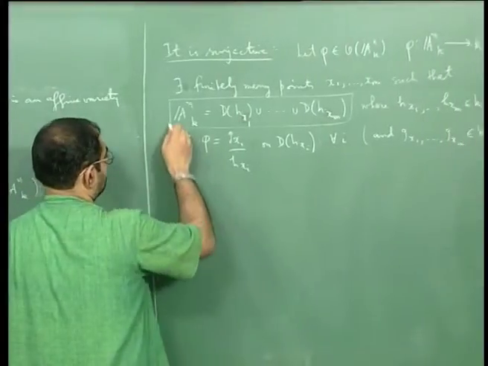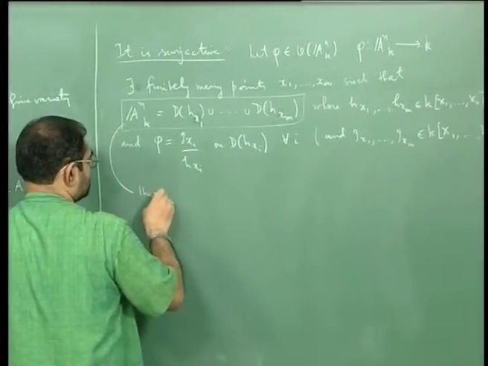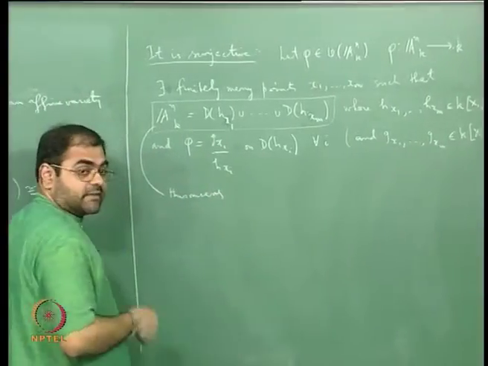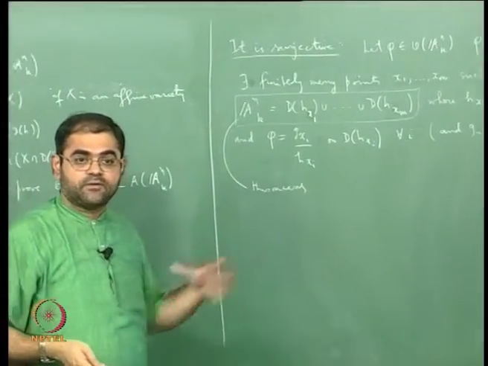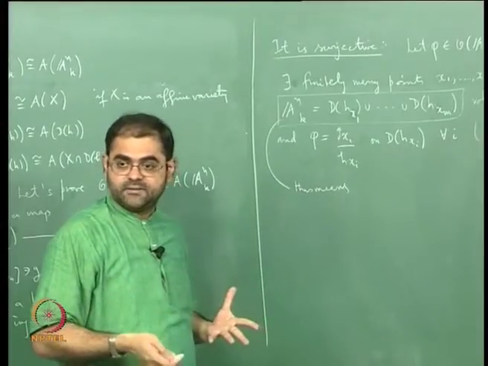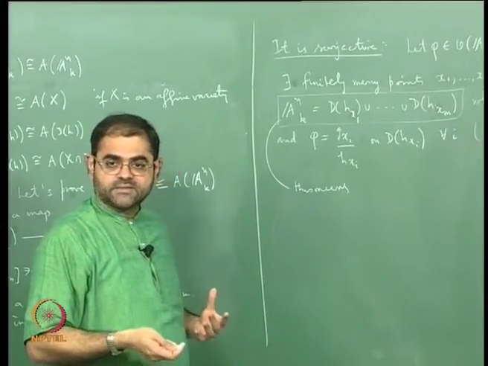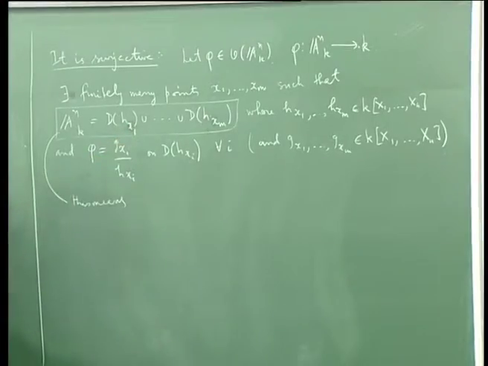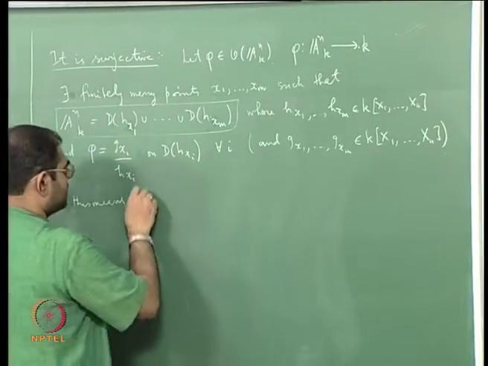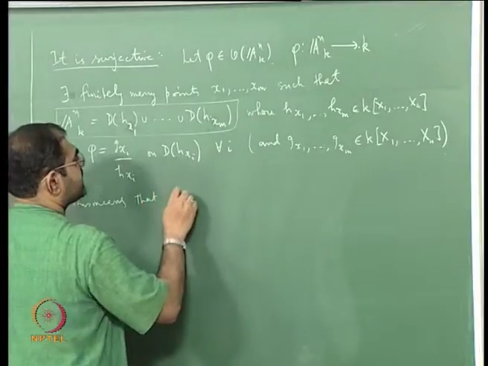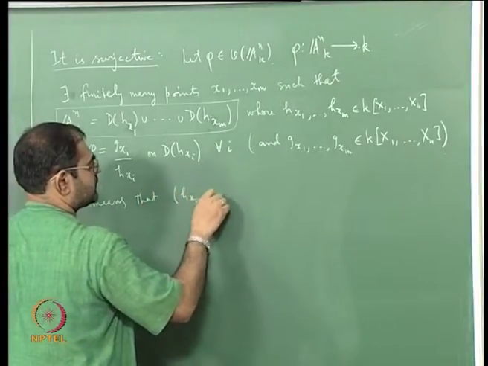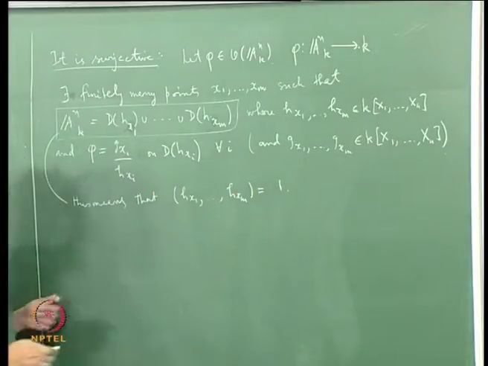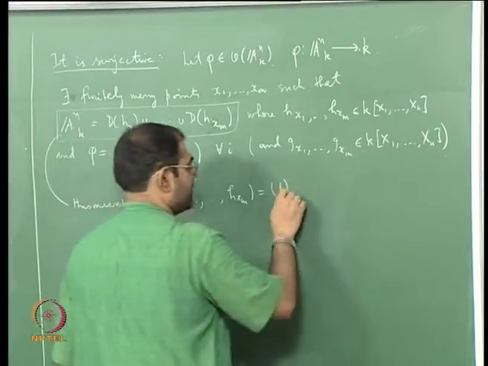So this means, commutative algebraically, it is a translation of all these geometric facts into commutative algebra, and you extract some information from commutative algebra. So the fact that An is the union of all these means that the ideal generated by h_x1 through h_xm is 1, is the ideal generated by 1, namely it is the whole polynomial ring.